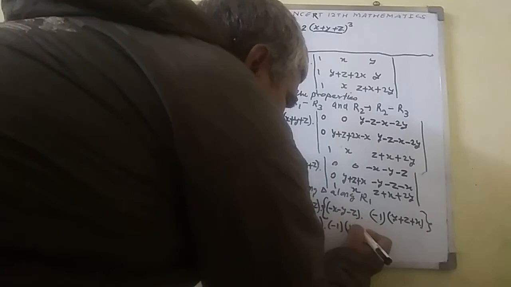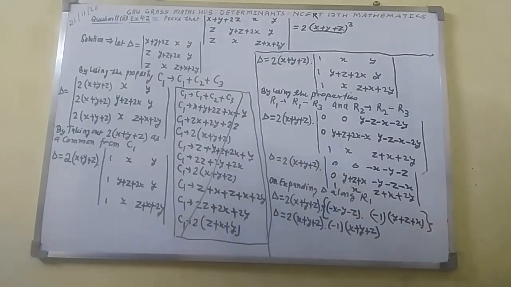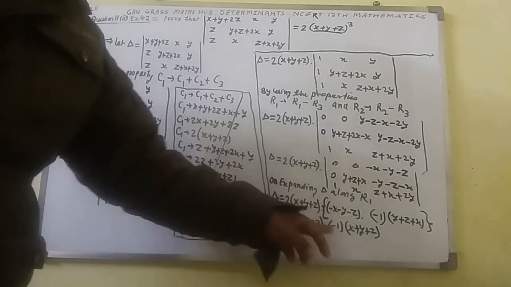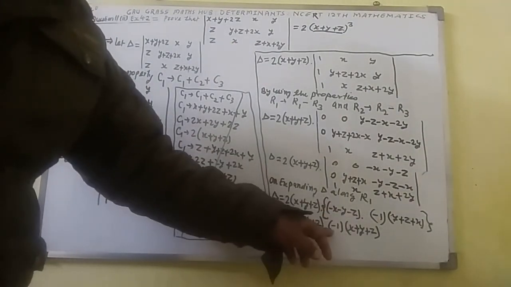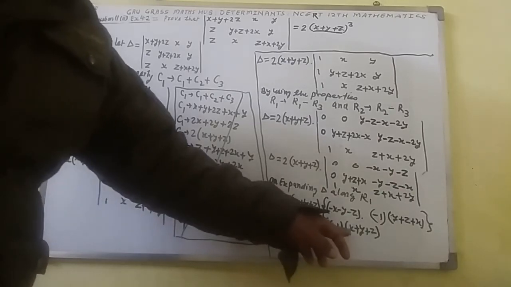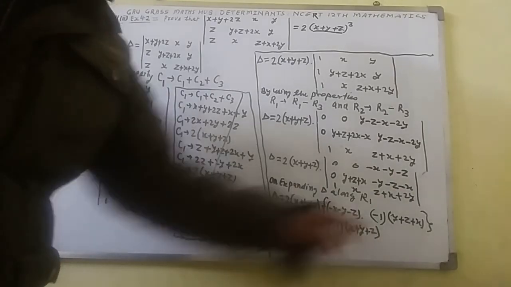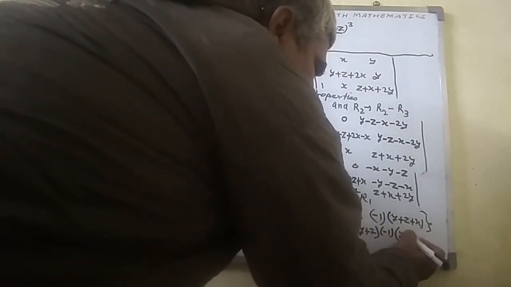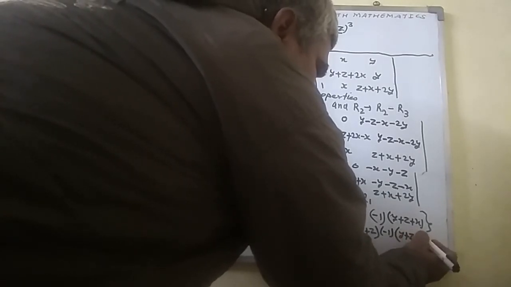So here you will get x plus y plus z. Here take minus 1 as a common. I have taken minus 1 as a common. So here in bracket you will get x plus y plus z, and here also you will get minus 1 times y plus z plus x.